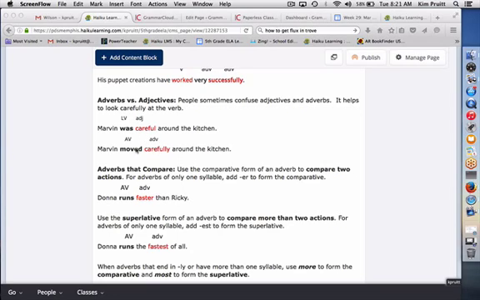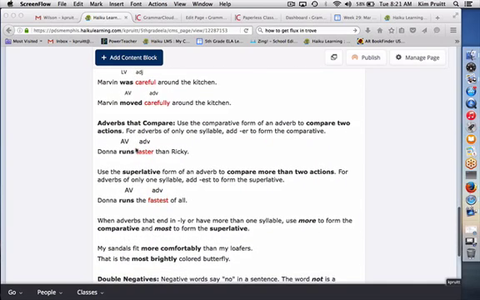He moved carefully. Then we have adverbs that compare. When you use the comparative form of an adverb to compare two actions, you are looking for two nouns in a sentence that are being compared with each other. In this case, you always have to use the ER.